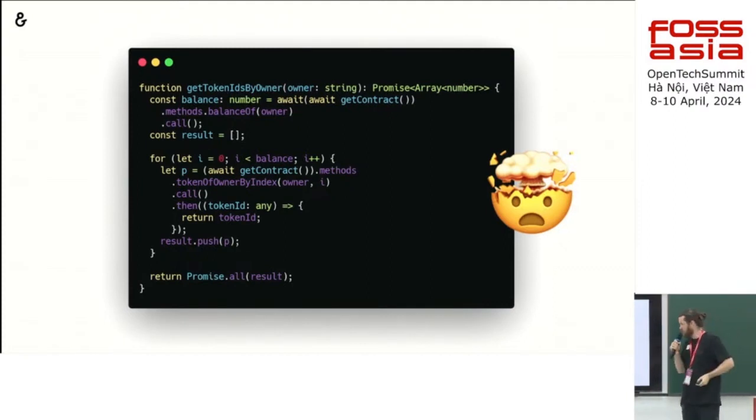This is okay if you only have 2 or 3 NFTs, but if you have hundreds or thousands of NFTs, which, believe me, there are people like that, this could easily take minutes to load a web page because it has to build this object. And every time, it's doing an eth call, a JSON RPC call. So this is just unreliable, right?